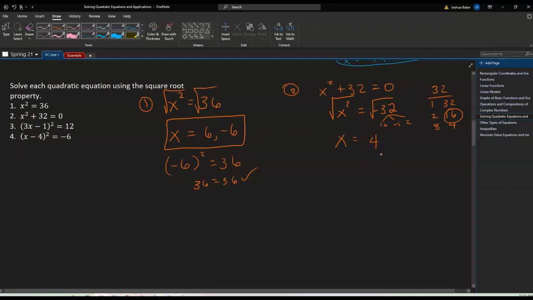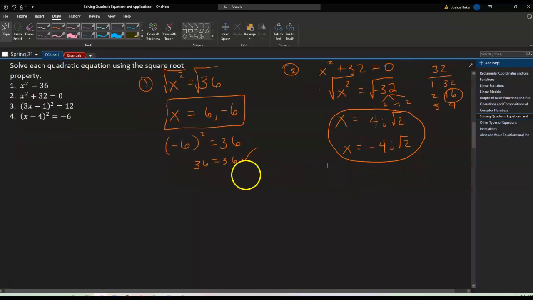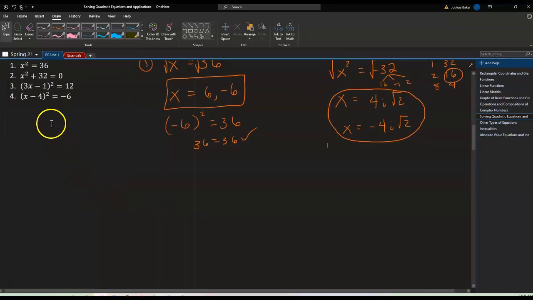The square root of 16 is 4, the square root of negative 1 is i, and then radical 2. So that's one of my answers. The other answer is the negative version of that. It is possible that you're going to have complex solutions, where you have had to take the square root of a negative number.